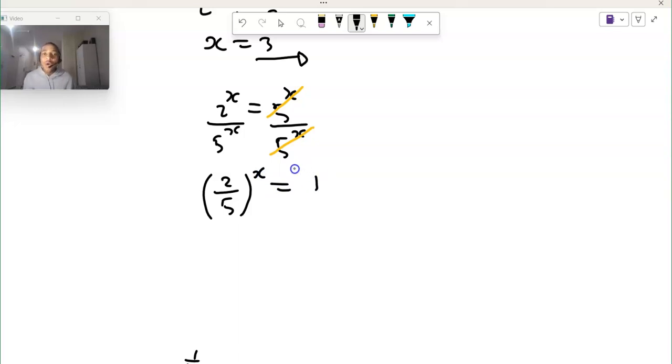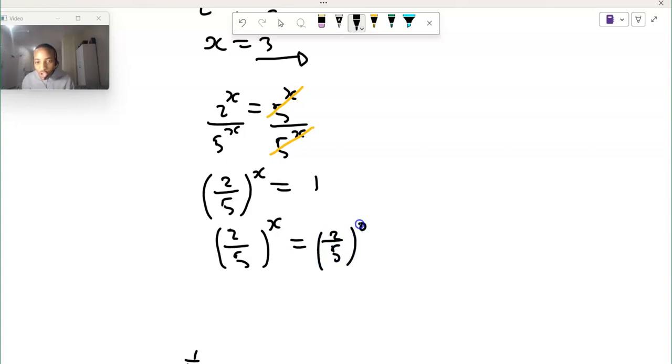So now we can make the bases the same, to follow that rule I said earlier. On this side we will have 2 divided by 5 all to the power x is equal to 2 over 5 all to the power 0.